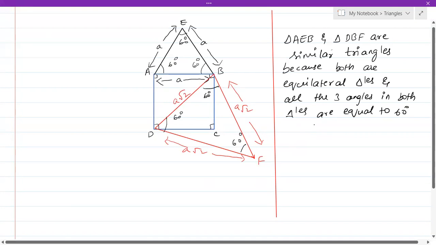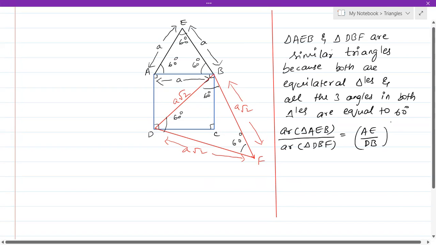Now, since they are similar, we can find the ratios. So, area of triangle AEB by area of triangle DBF is equal to the squares of corresponding sides. Let's take only one, AE by DB, the whole square.